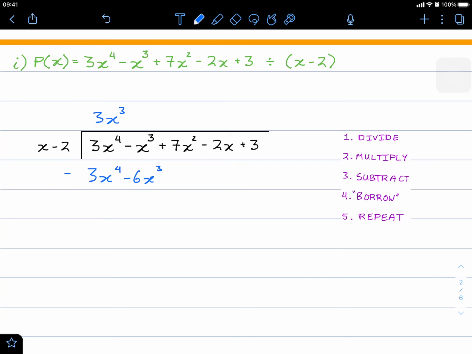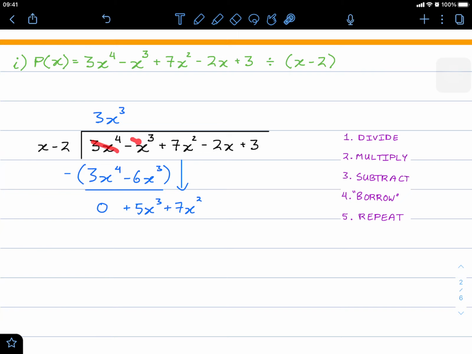We then subtract. 3x to the power of 4 minus 3x to the power of 4 is 0. x cubed minus 6x cubed, that's going to be positive 5x cubed. So that was the multiply, and then we've just finished the subtract. We borrow, meaning we take the next term and we write it beside it like so. And then we simply repeat.